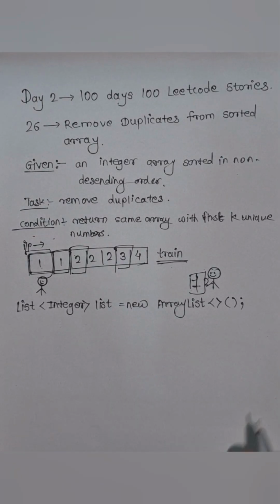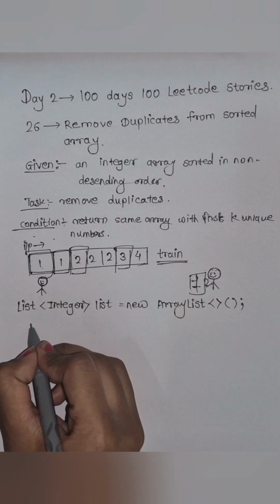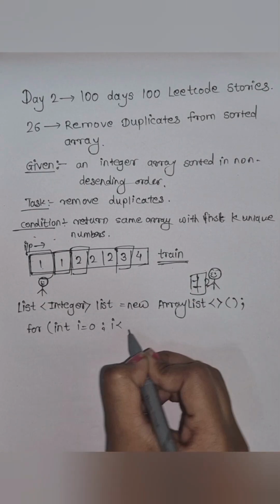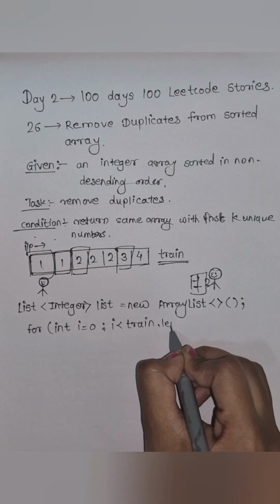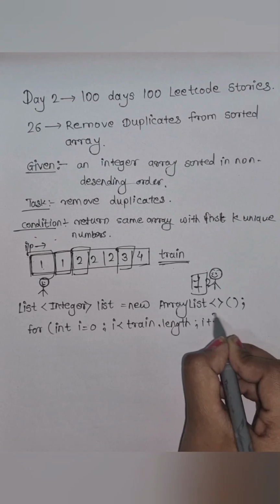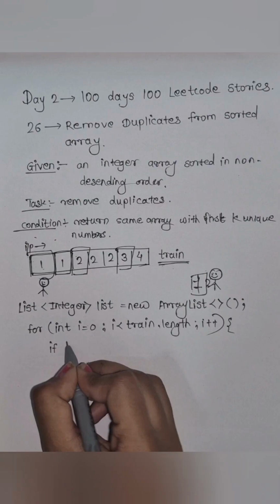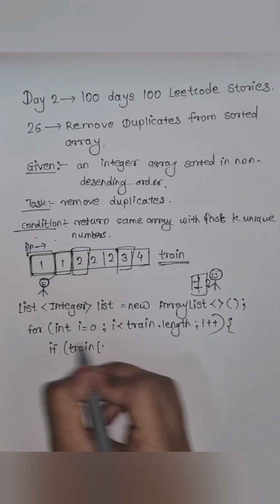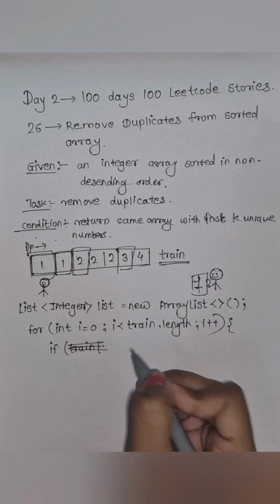So first of all, Tom will traverse the train. So we will take a for loop, for int i equals 0, i less than train.length, i plus plus. What he is doing, if train of i, he is checking if the list is containing that one.